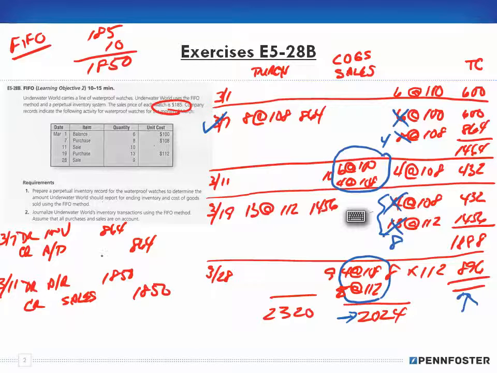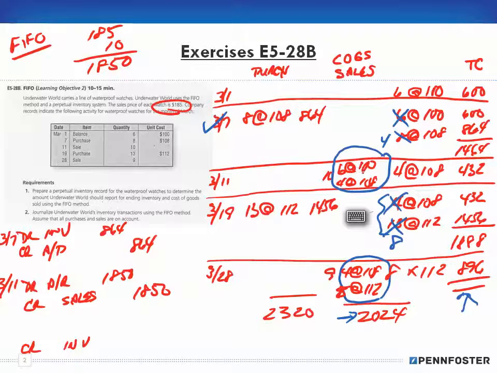$1,850. Always remember that when you make a sale and it's affecting inventory, you have to make a second journal entry in order to take it out of inventory and put it to cost of goods sold. So if we're taking it out of inventory, and we know inventory is an asset account, we're going to credit our inventory account for the total value of whatever is coming out.